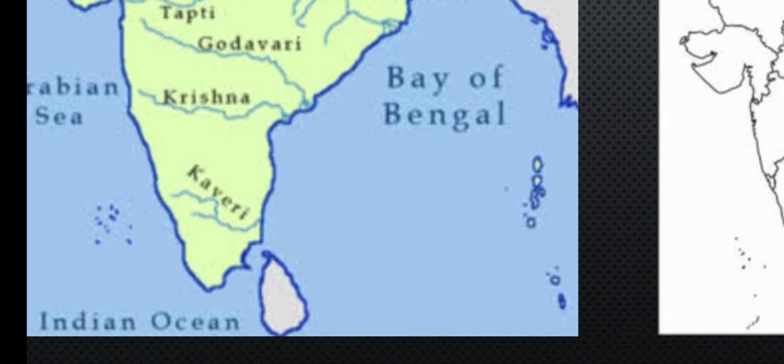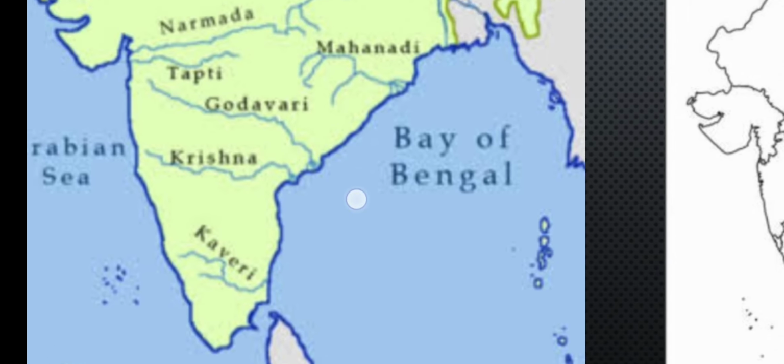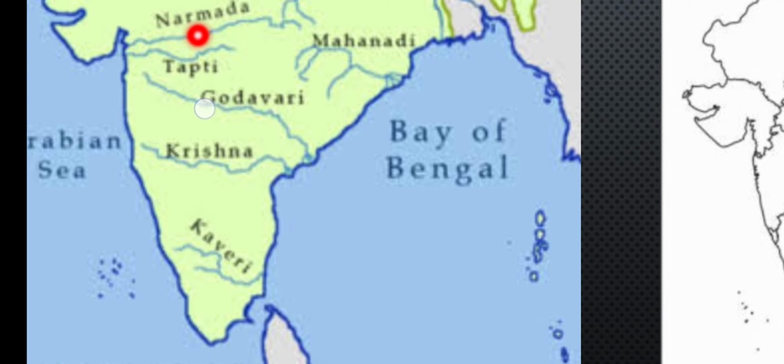It originates from the highlands of the Western Ghat mountain and moves towards the Bay of Bengal and drains itself into it. So all these rivers in the southern part of India, Narmada, Tapi, Mahanadi, Godavari, Krishna, Kaveri, are the peninsular rivers.